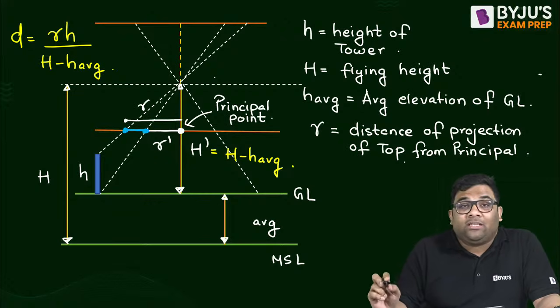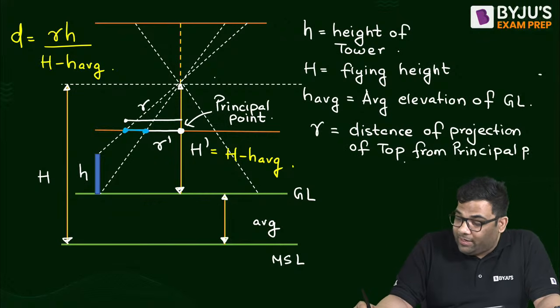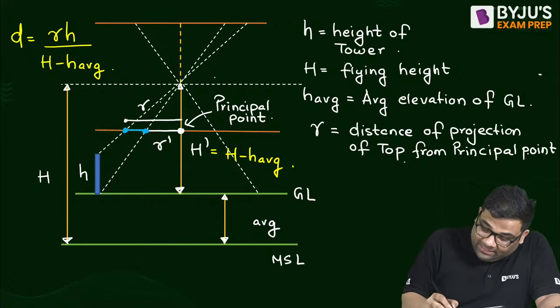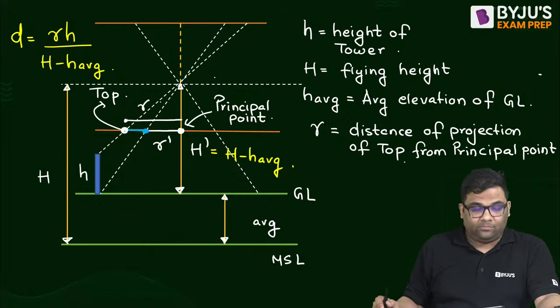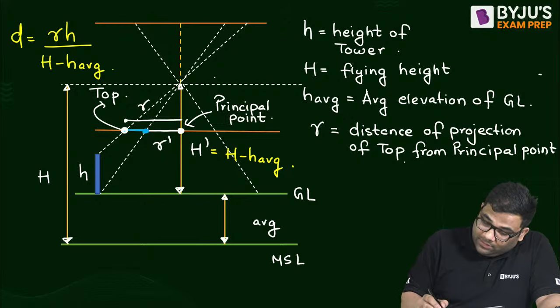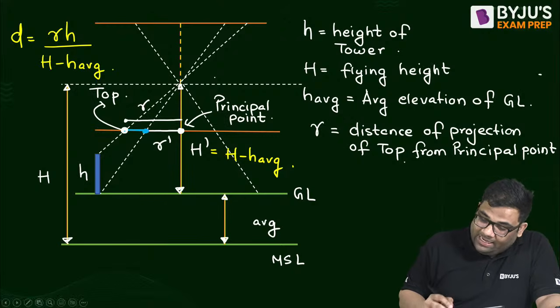So R is the distance of the projection of the top from the principal point. Yes, because you can see this is the projection of the top, right? Now, tell me what is R dash.